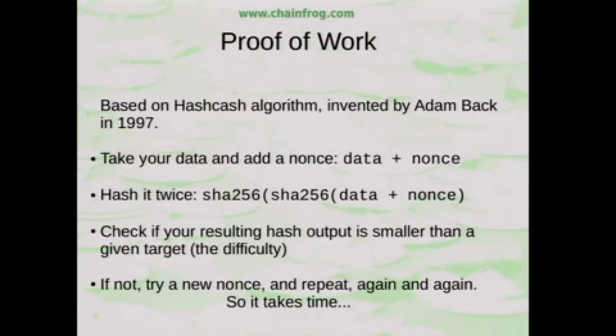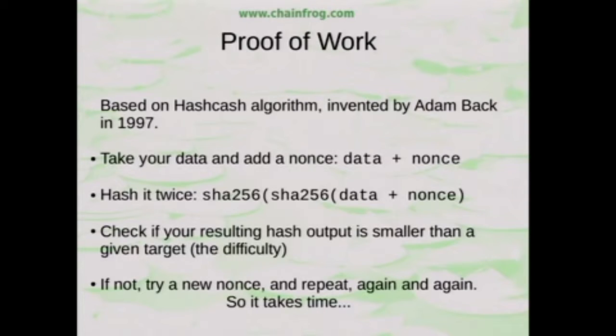The idea was that you would take your data, which in this case would be an email, and add a small amount of extra data, which is called a nonce. And then you hash it twice. So you hash your email plus the nonce, which gives you this 256-bit number, and then you hash that number. The SHA-256 algorithm takes a bit of computational power, so it takes time.